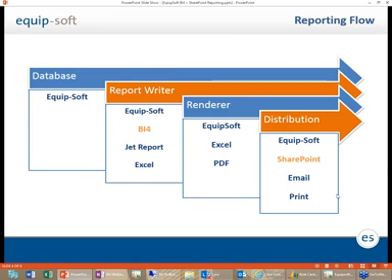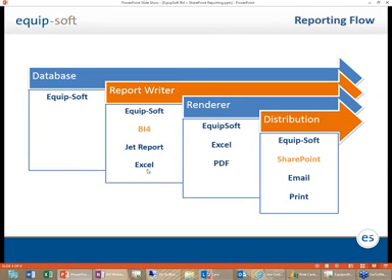Now, as far as the reporting flow is concerned, how do we distribute that and how do we render that within the reporting process? To keep it simple without going into too much technical detail, essentially information will come from EquipSoft. As you know, traditionally today when you want to create a report, you would use EquipSoft for that, which is really the base NAV reporting or base EquipSoft reporting.